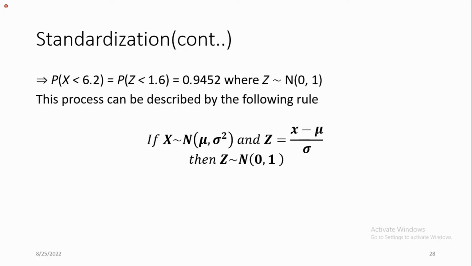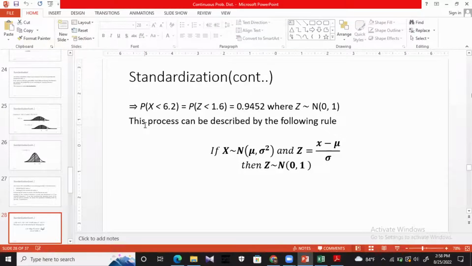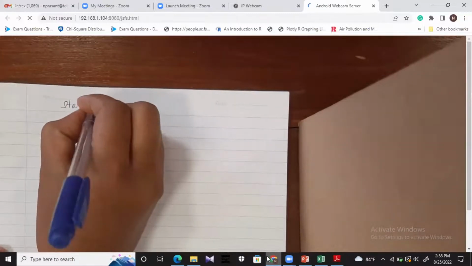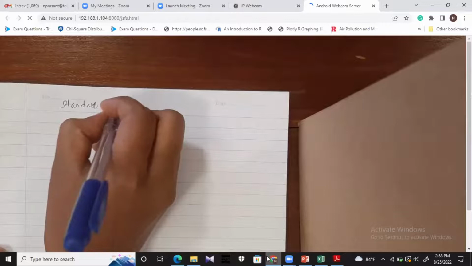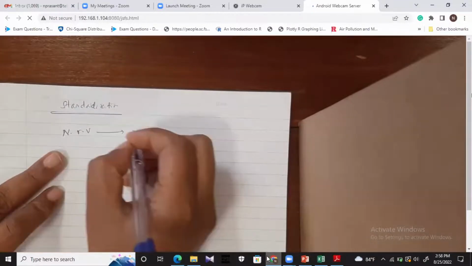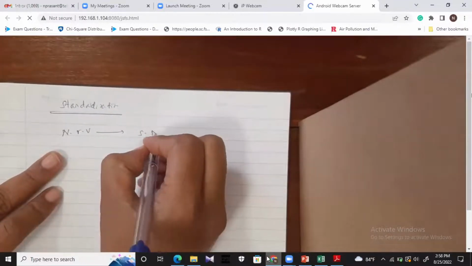Let me explain this again. As we have 2 minutes, I will explain. Standardization means converting a normal random variable into a standard normal random variable.